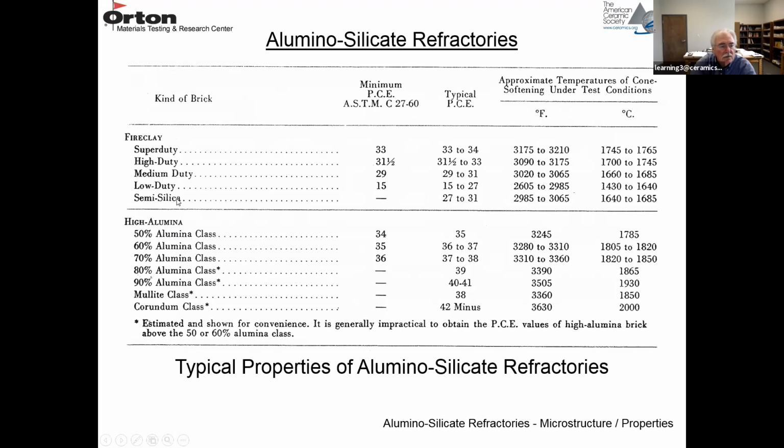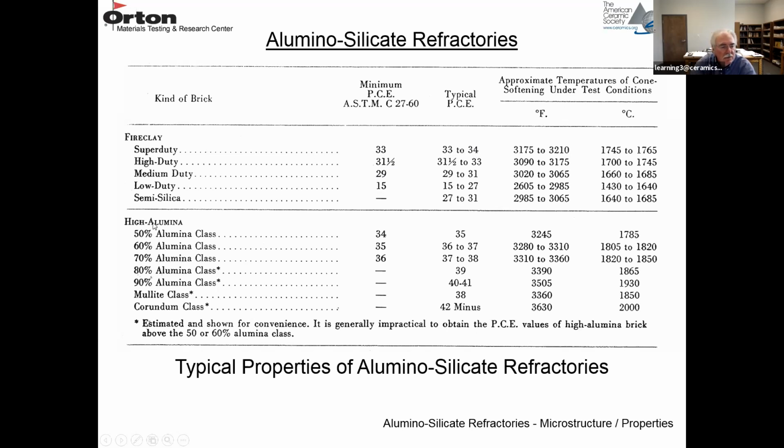So we mentioned semi-silica, low duty, medium duty, high duty, and super duty. For the PCE values, there's an ASTM test, C27, that classifies fire clays based on the PCE values. So in order to be a super duty fire clay, you have to have at least a 33 PCE, and a typical PCE would be 33 to 34.